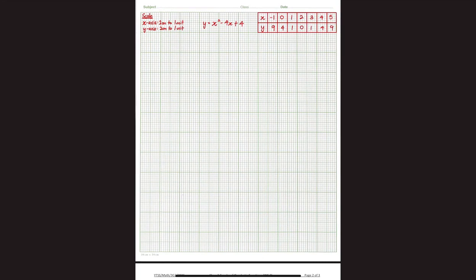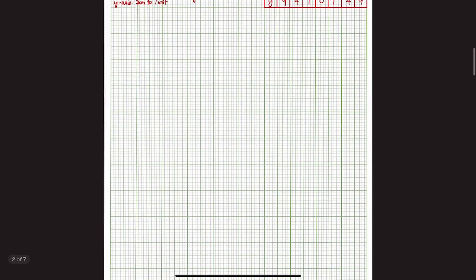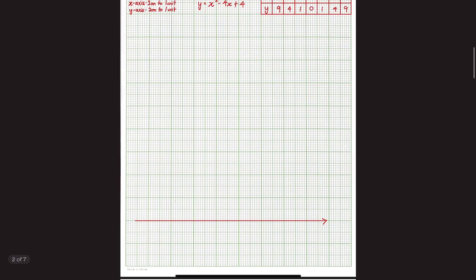I will draw my x-axis like this. I would simply draw this line over here, and I can stop somewhere, maybe out here. This is my x-axis.